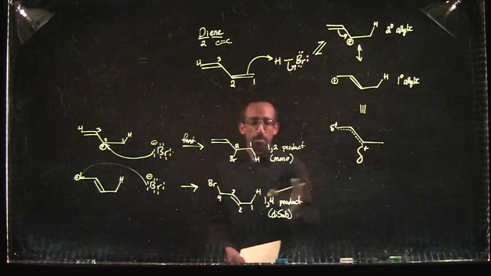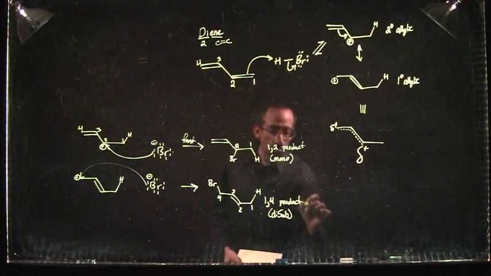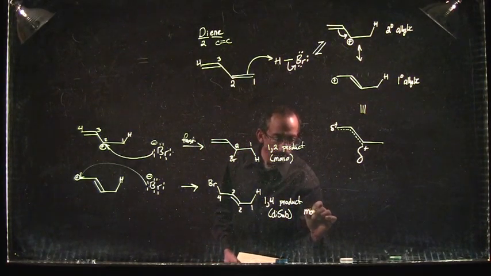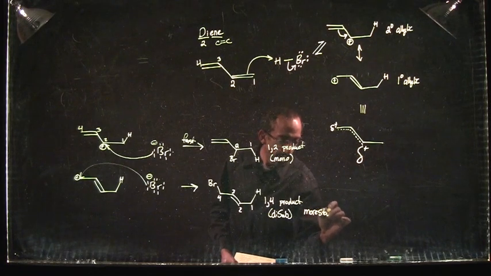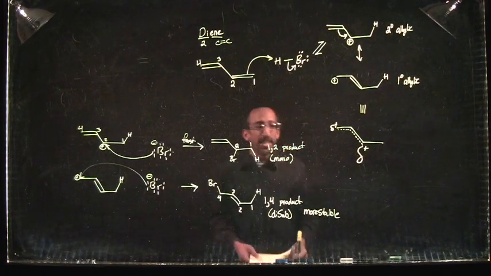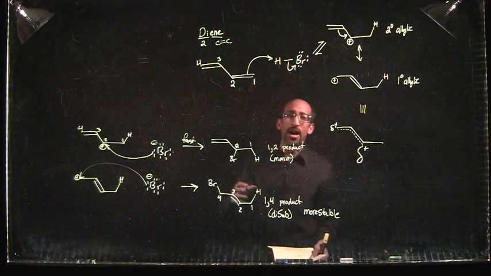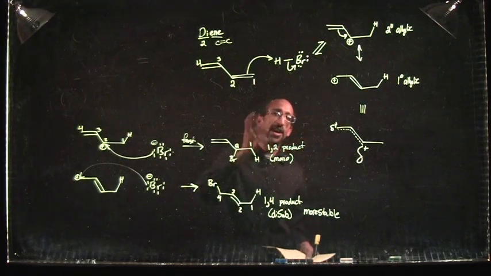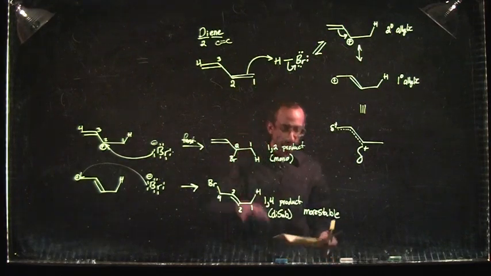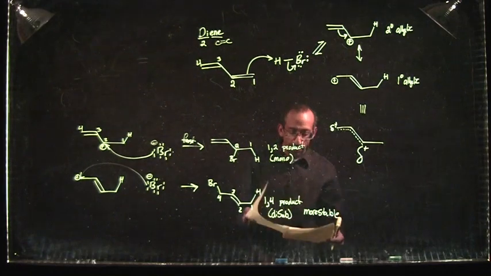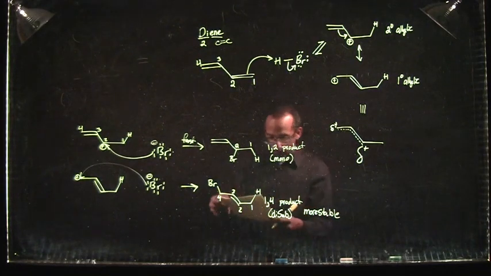So in terms of the product, my 1,4 product is more stable. And so now we can use another set of terms, kinetic versus thermodynamic, to describe these two products, right?